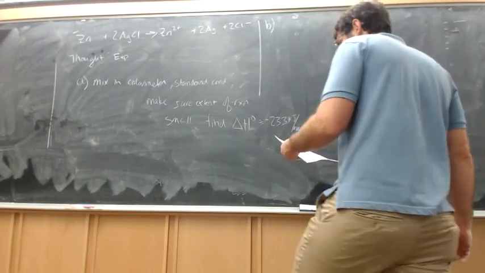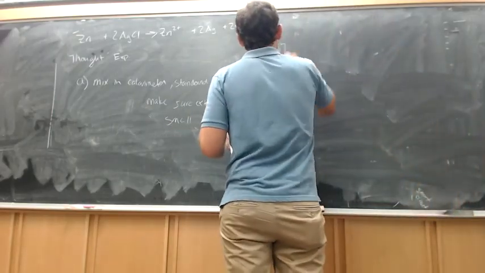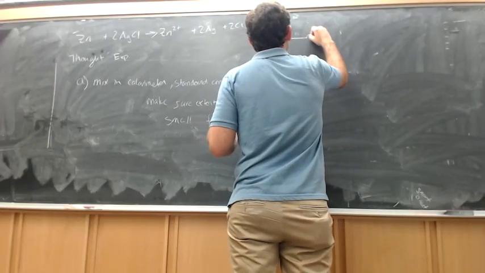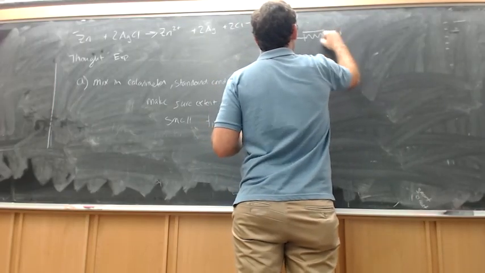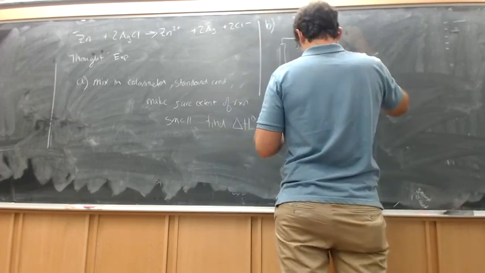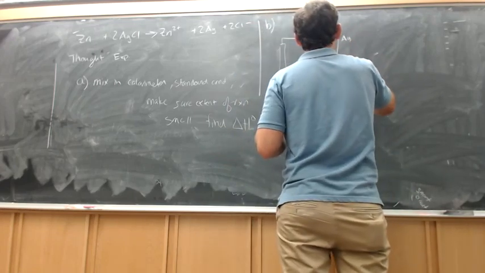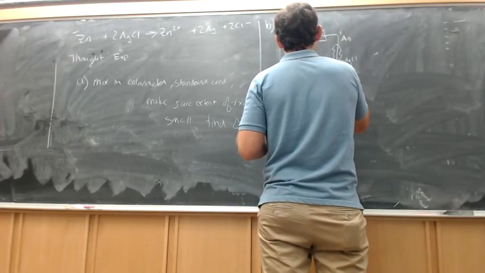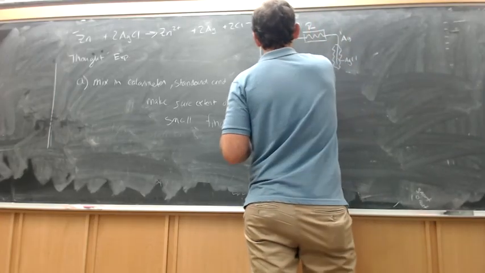So let's say you construct a cell, and you have zinc, and you have a resistor here, and you have silver over here with some silver chloride on it, and you have some zinc chloride in solution, right?